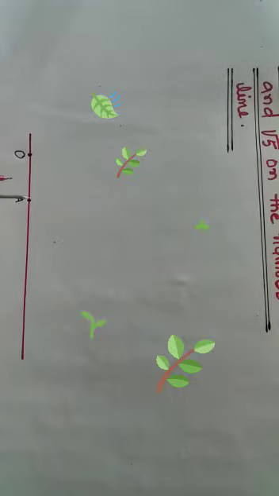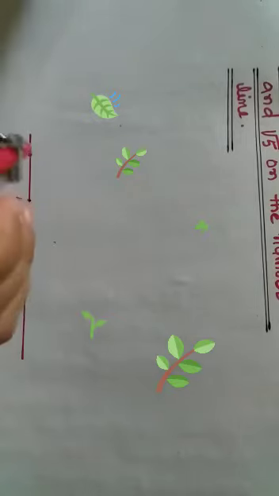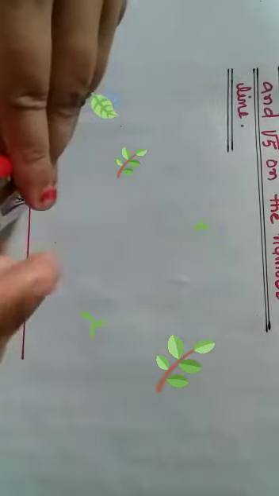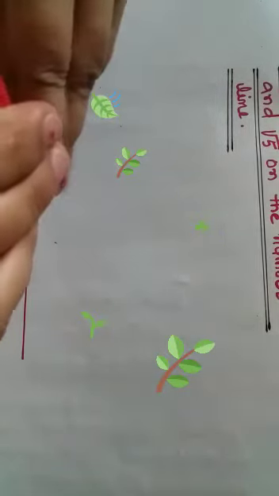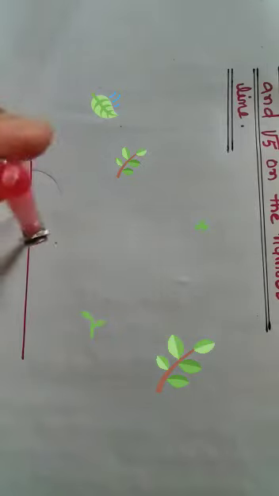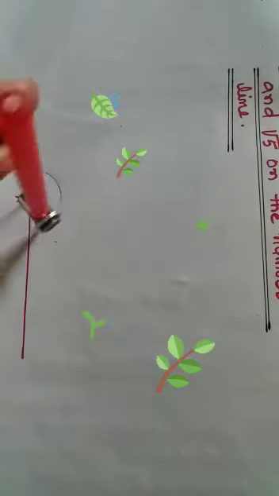At A, draw AB perpendicular to OA. For drawing the perpendicular, let us follow the steps which we know.